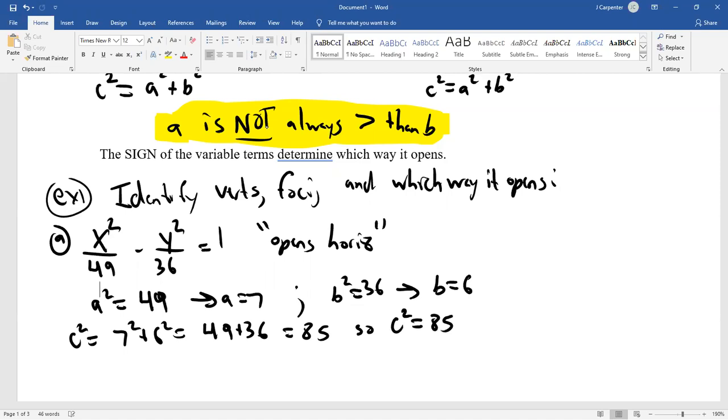Let's take the square root of both sides to get c equals the square root of 85, which, if you were to graph this, you would need to know is about 9.2. We're not graphing it though, so it is irrelevant for the problem, but I'm pointing it out anyways. So your vertices relate to the positive term.